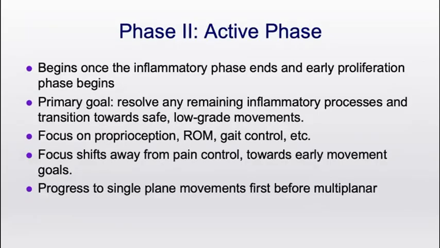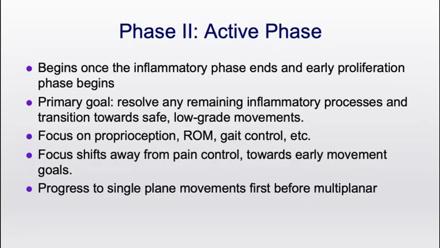Phase two is the active phase, and this begins when the individual is transitioning from the inflammatory phase into the proliferation phase. The primary goal here is to resolve any of the leftover inflammation and edema, and you want to transition towards some safe movements that the individual can do at home.